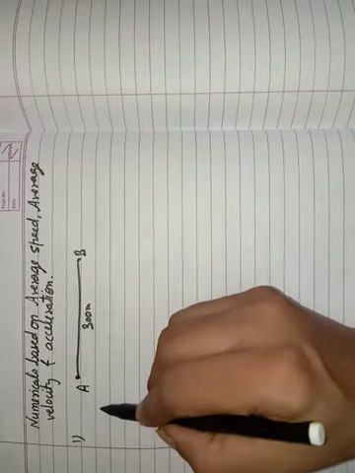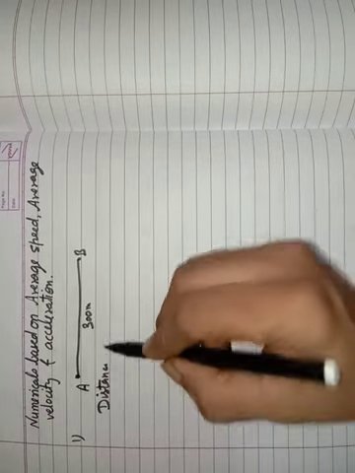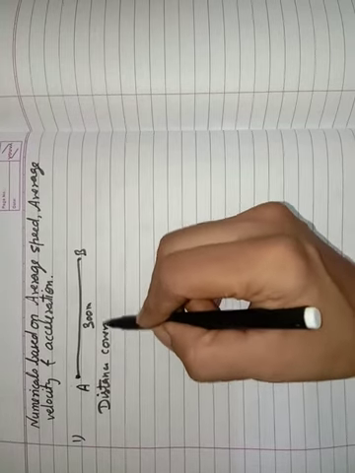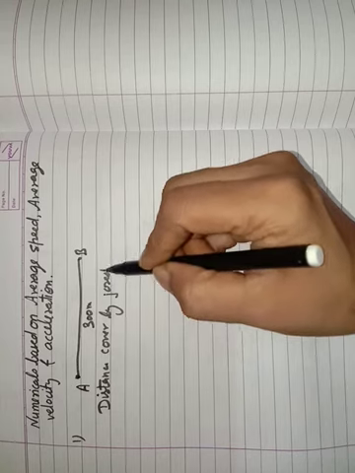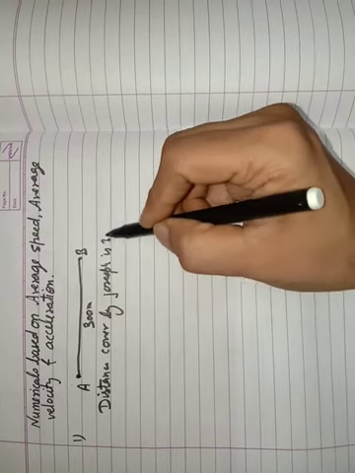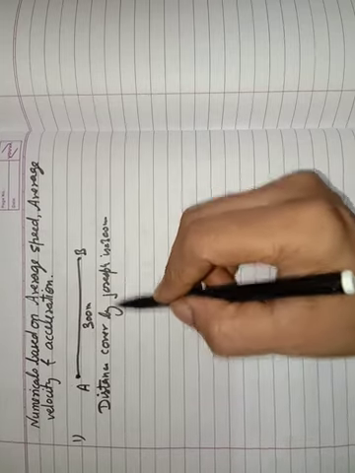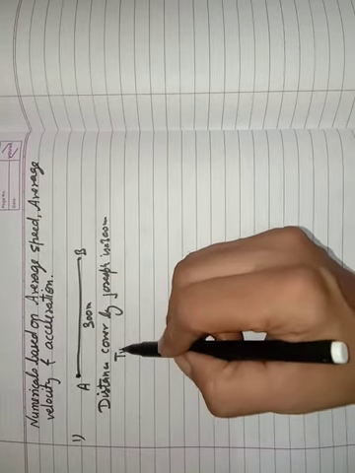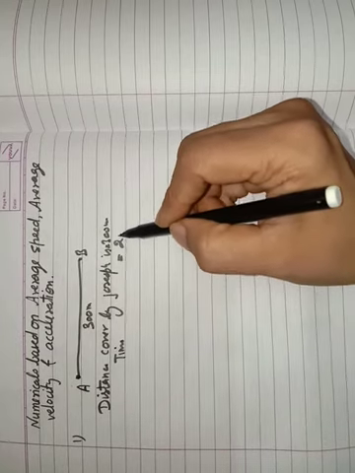So you can write the distance covered by Joseph is 300 meter and the time taken to cover this distance is 2 minutes.